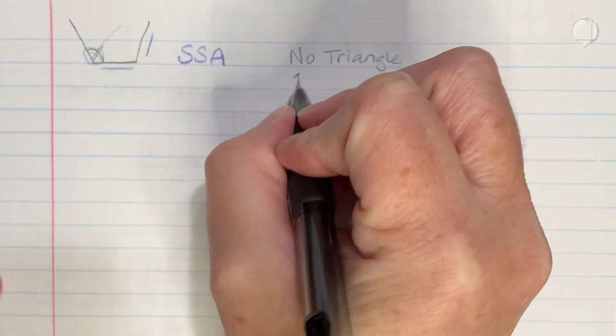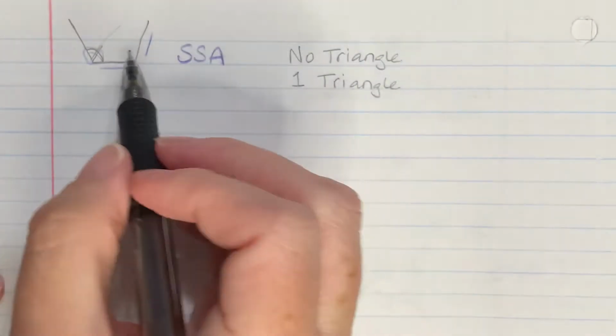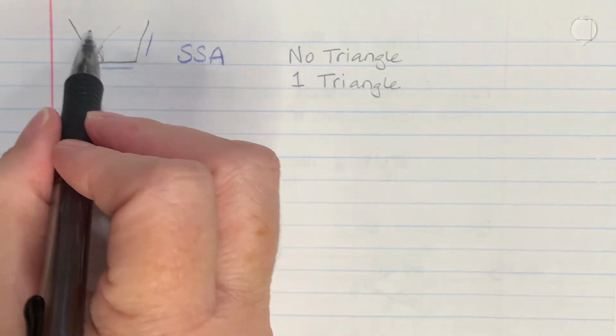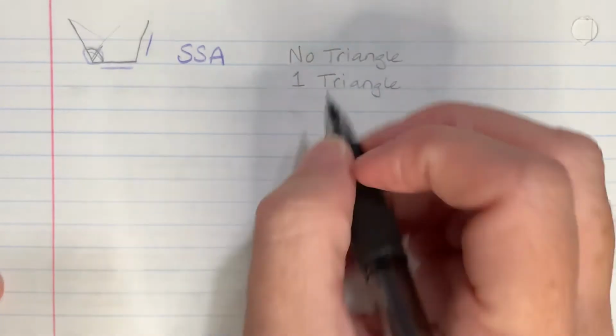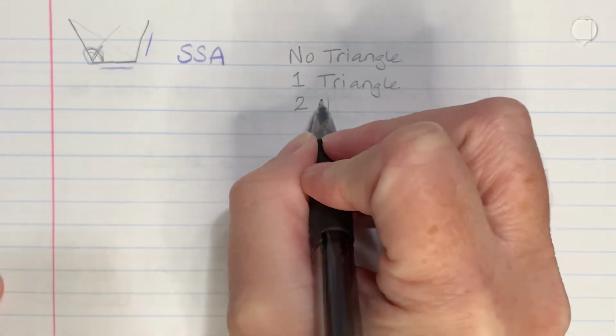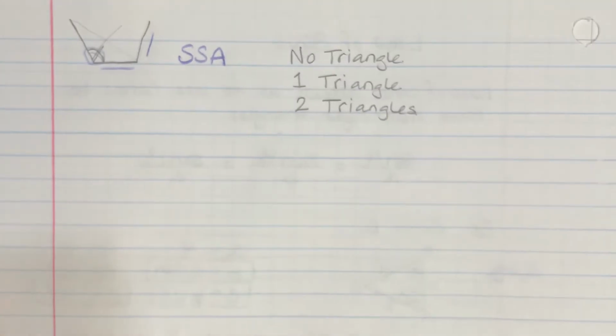I could work it out just fine and find out that there's one exact triangle, but I could also work it out to where maybe this line comes out this way instead, and then there's a possibility of 2 triangles. And so there's some more studying to be done.